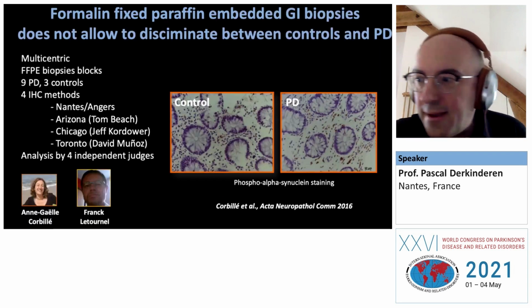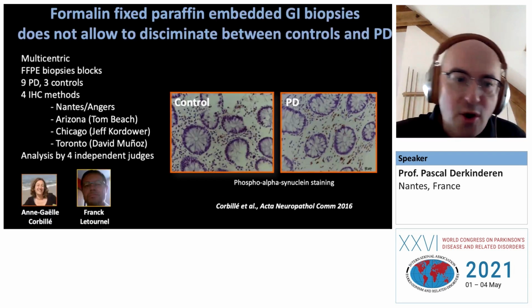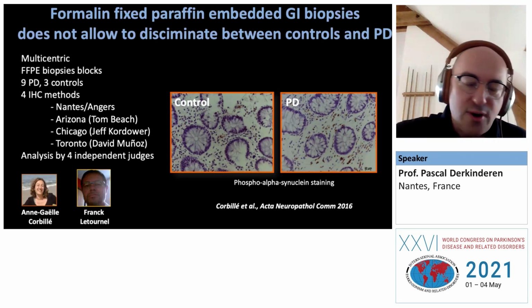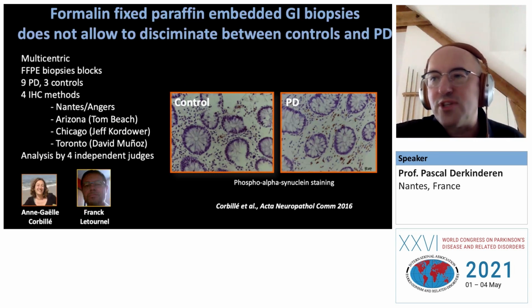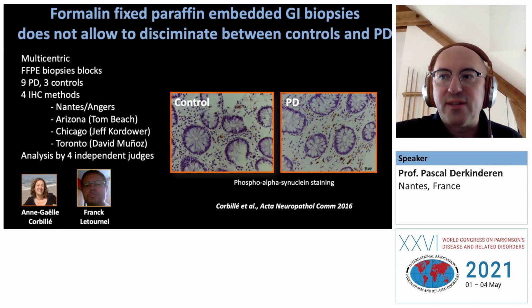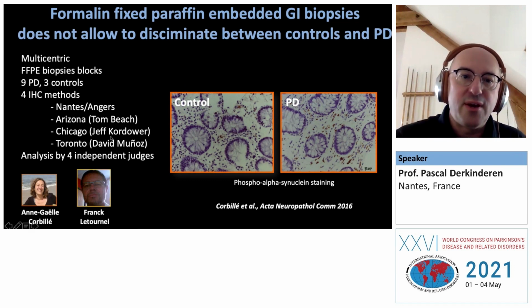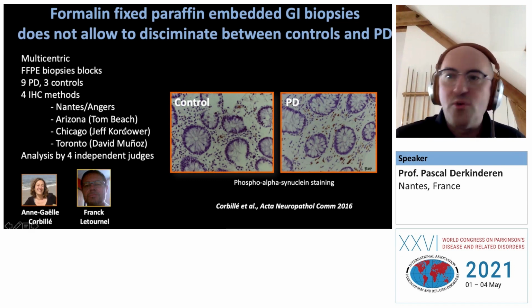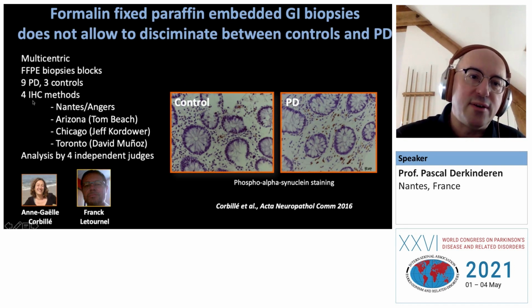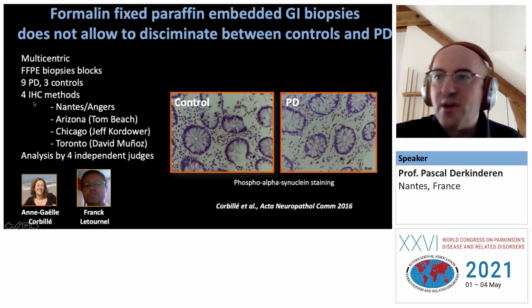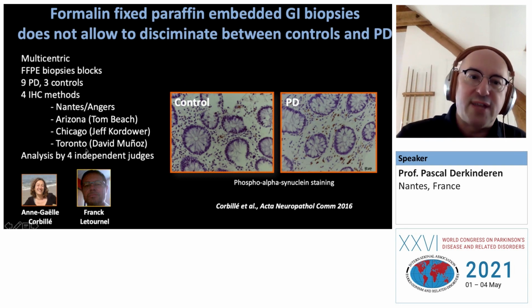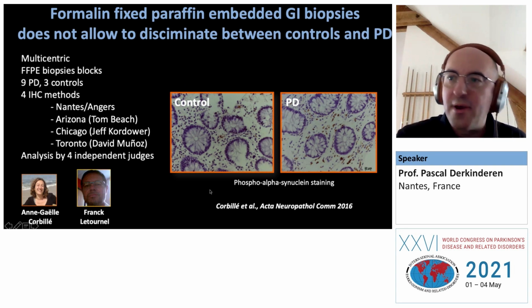So, not only our group, but in a collaborative project, we performed a multi-center study with 4 different experts who used optimized immunohistochemistry methods for the detection of pathological alpha-synuclein in paraffin-embedded biopsies. All stainings, regardless of the lab, were unable to discriminate between PD and controls.